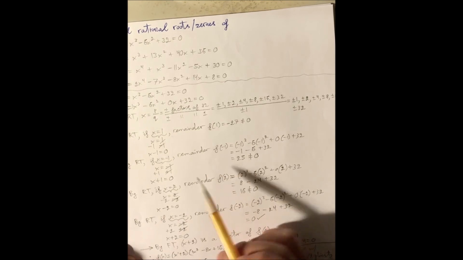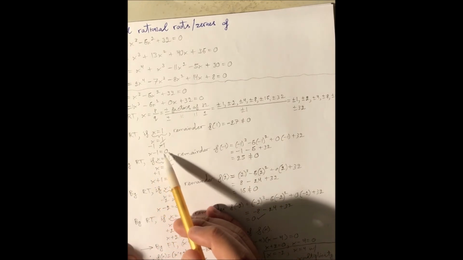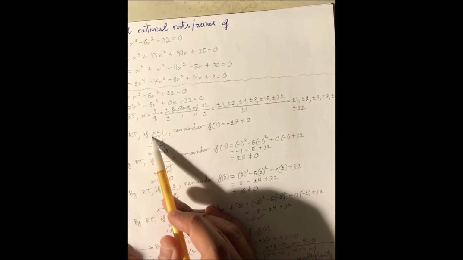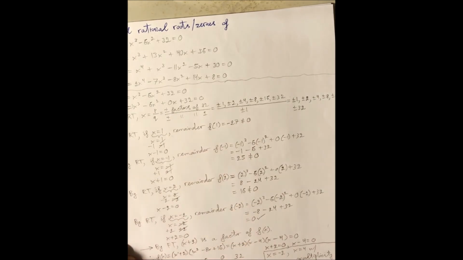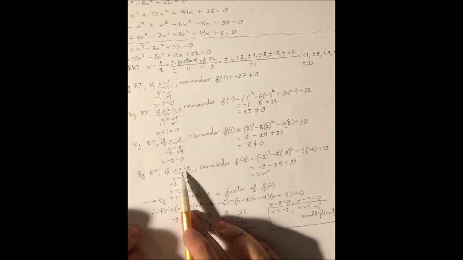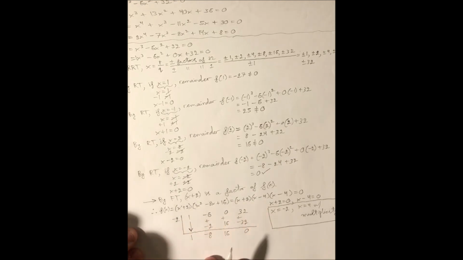If it's not equal to 0, then you know that the corresponding binomial that is equal to 0 from that x value is not a factor of the function. And you keep going until you get to the x value that will give you the remainder of 0, which is x equal to -2 in this case. Then you know that the corresponding binomial expression is a factor of the function.